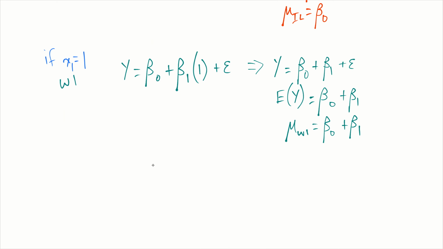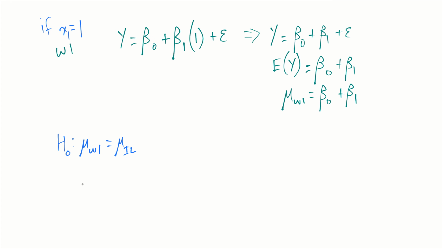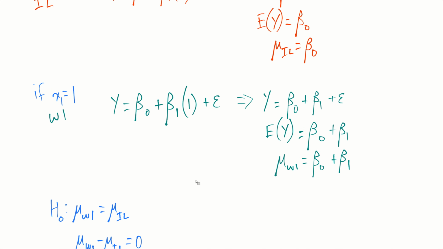So for the t-test, the initial hypothesis, right, was that mu of Wisconsin is equal to mu of Illinois. Now, in other words, mu of Wisconsin minus mu of Illinois is equal to 0. That's the null hypothesis. Let's re-express this in terms of the coefficients that we have here.